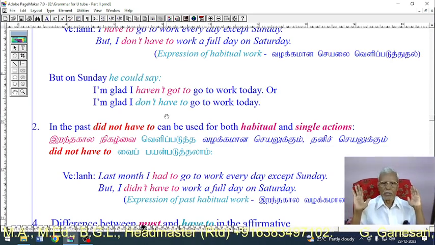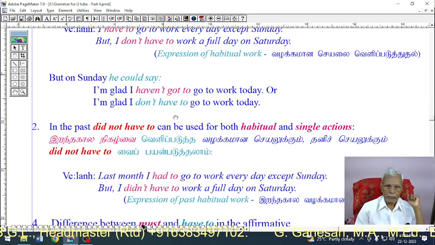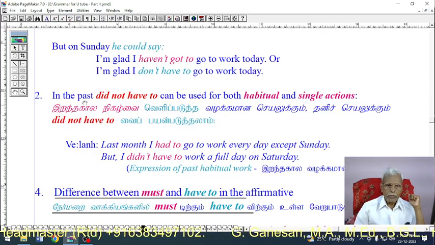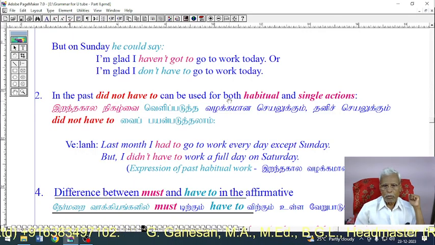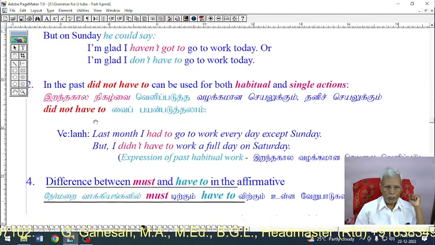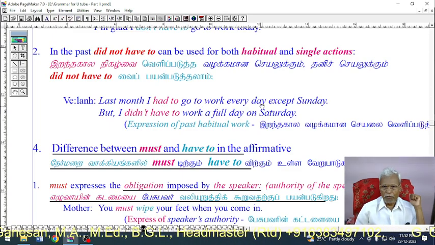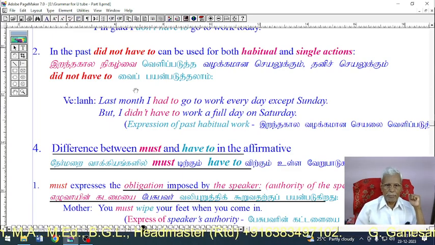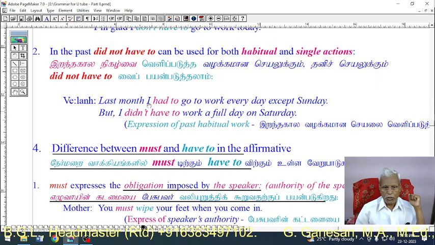Both forms can be used. In the past, did not have to can be used for both habituals and single actions. Last month, I had to go to work every day except Sunday, but I did not have to work full day on Saturday.